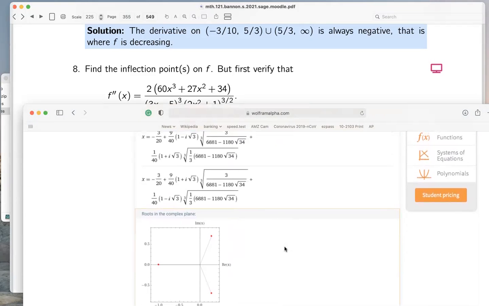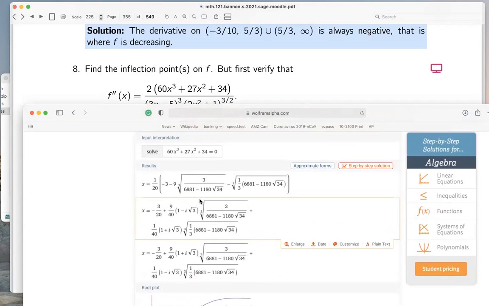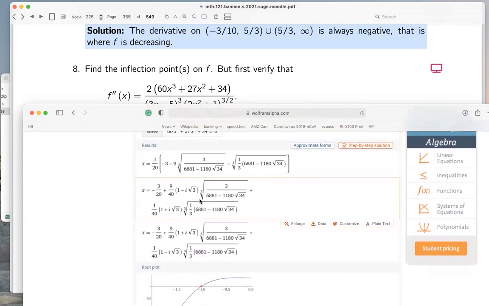I have a tough time forcing it, aren't I? Let me make sure it's giving me all these I's over here. I got to be real careful about this, by the way.